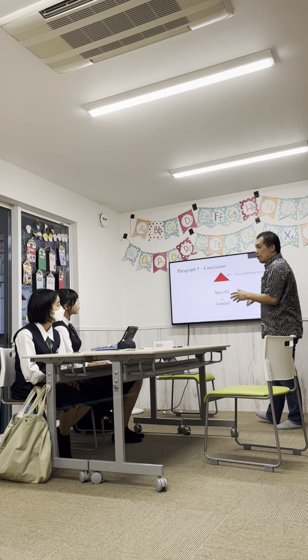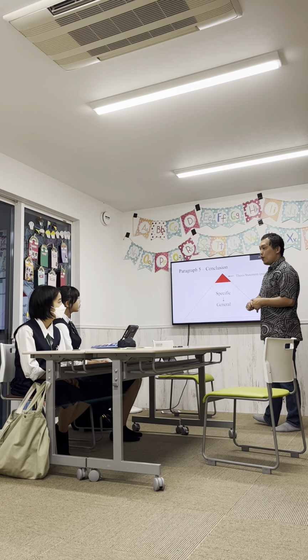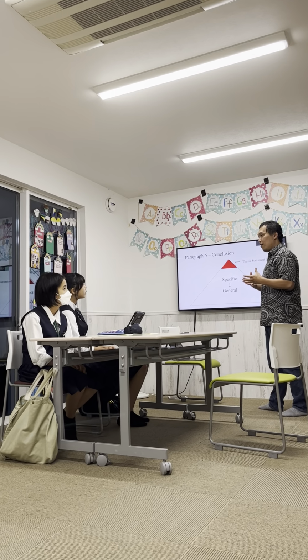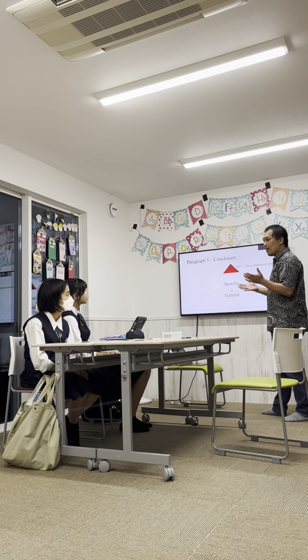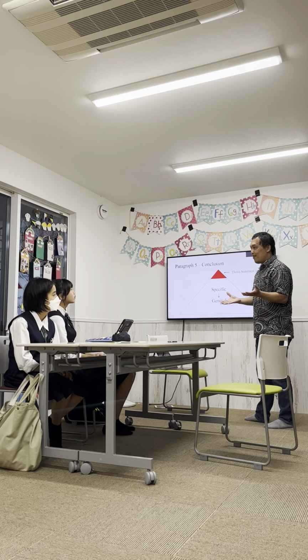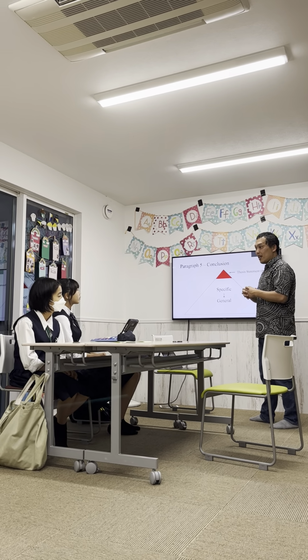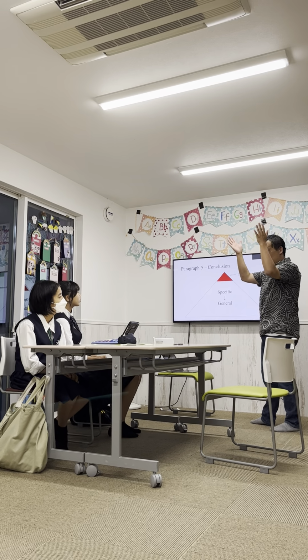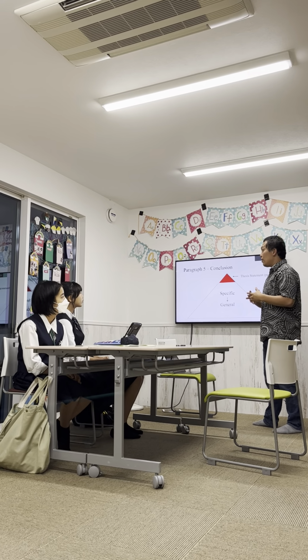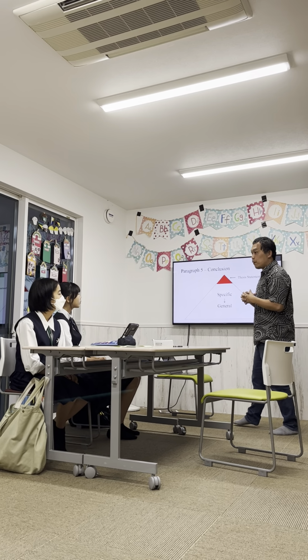Having this model in your mind can really help you organize your papers. You have this template, and you just have to have your own ideas and arguments, and you can put them into this model, and you're ready to write a research paper.